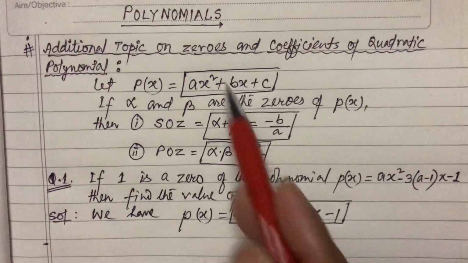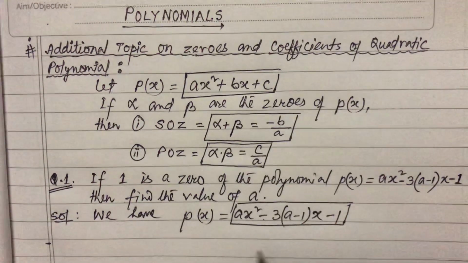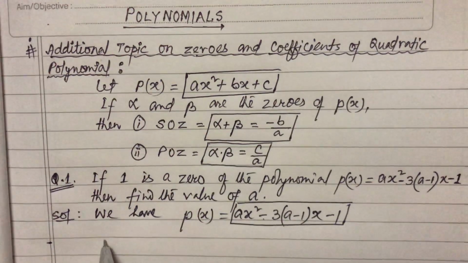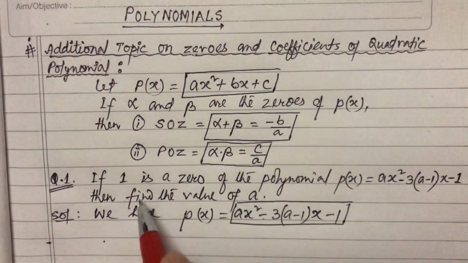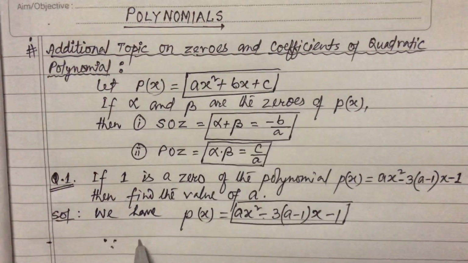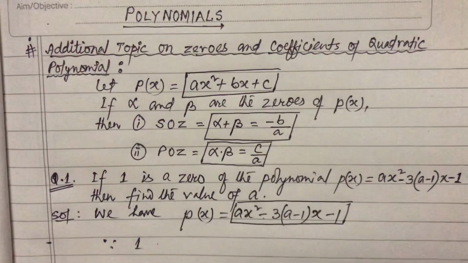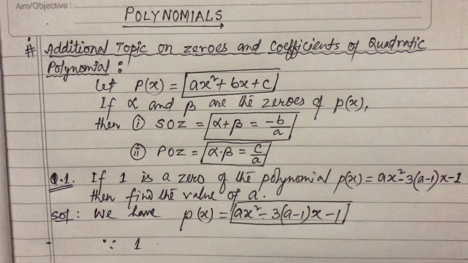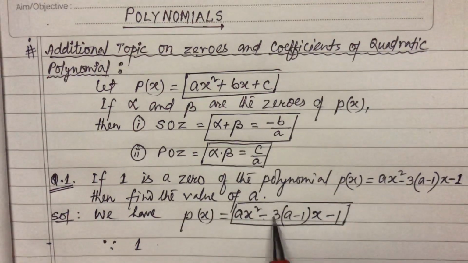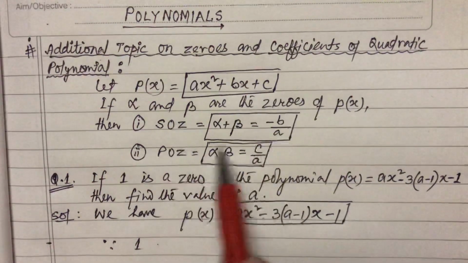So when we compare this and try to use the relationship between zeros and coefficient, we find that this particular polynomial has no direct relation with this relationship.